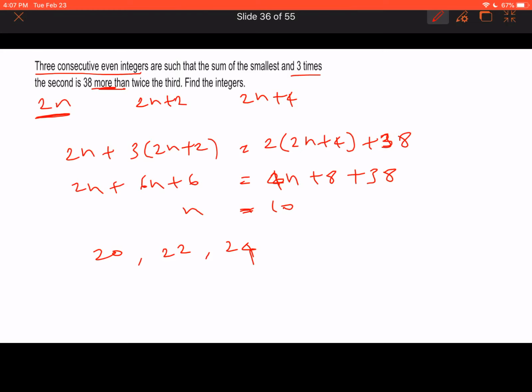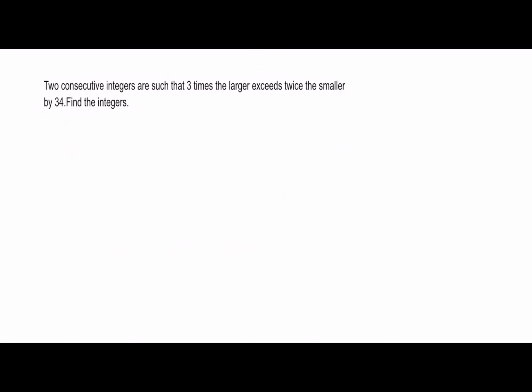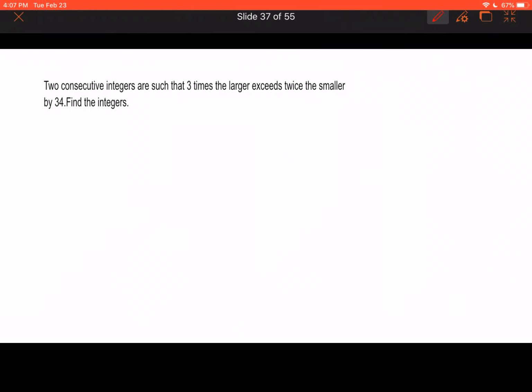Okay, so the next and final question for today is: two consecutive integers are such that 3 times the larger exceeds twice the smaller by 34. So two consecutive integers, n and n plus 1. 3 times the larger exceeds twice the smaller number by a difference of 34.